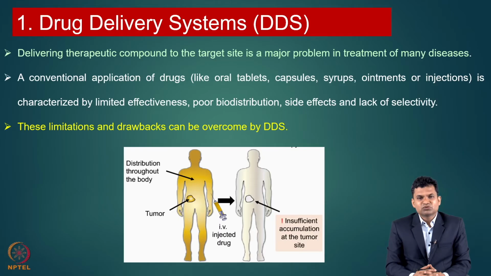Then in phase 1, phase 2, and phase 3, we will understand the nature of the drug in human beings in terms of safety, efficacy, and other parameters that need to be considered.